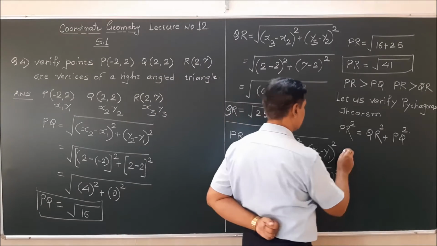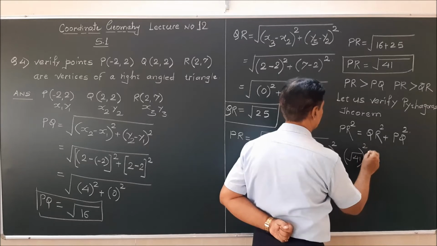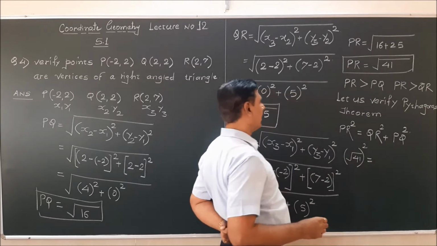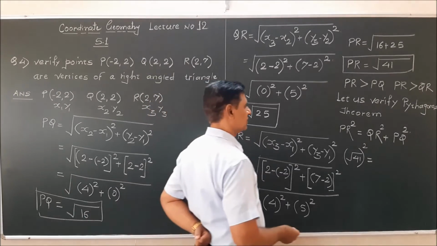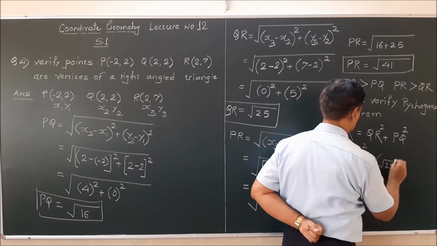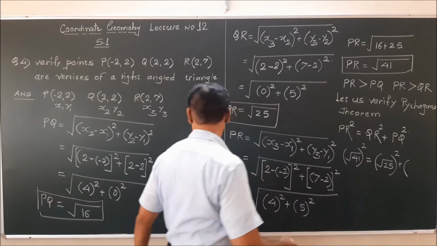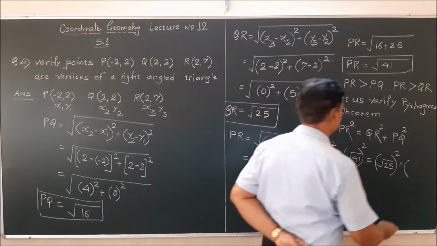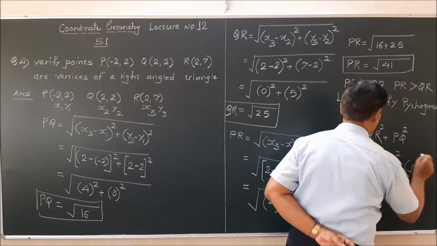I write it over here as root 41, the whole square, that is equal to the value of QR, which is root 25, so I write root 25 the whole square, plus the value of PQ, which is root 16, so I write over here root 16 the whole square.